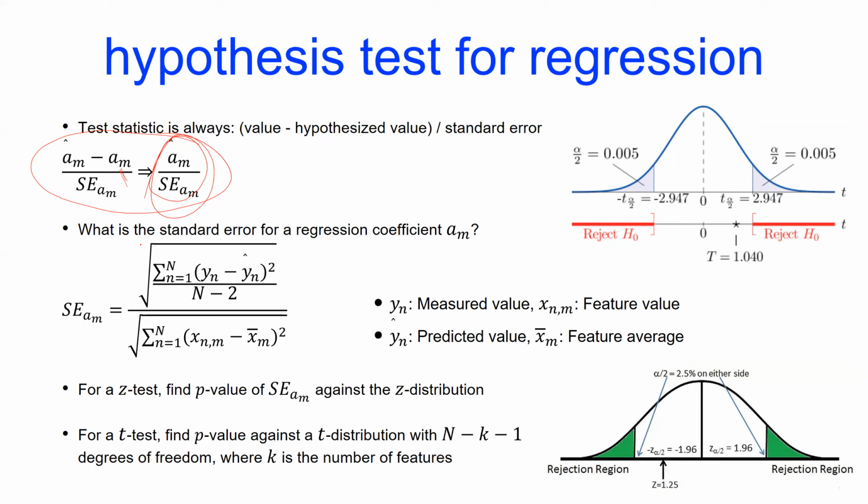So now the only different part you probably need to remember is how to calculate the standard error, using this. Okay, so there's two parts. For the denominator, you calculate the average of that feature column. So you see the x_m, m is a feature index.